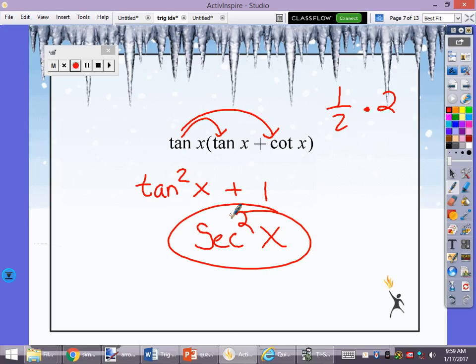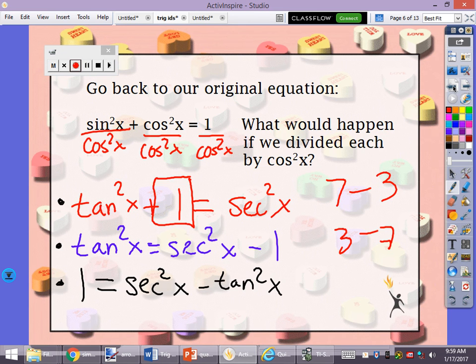You see that? On your half sheet? If you go back, the first equation we wrote was tangent squared plus 1 equals secant squared.